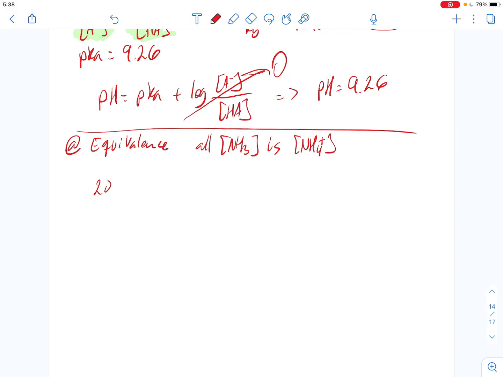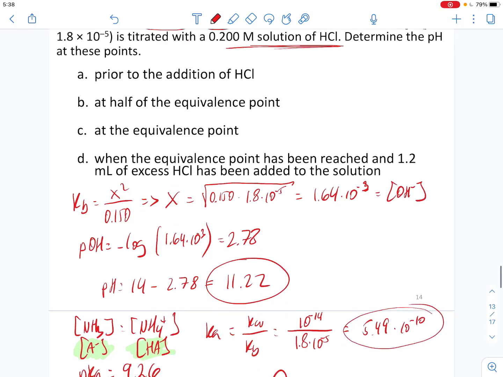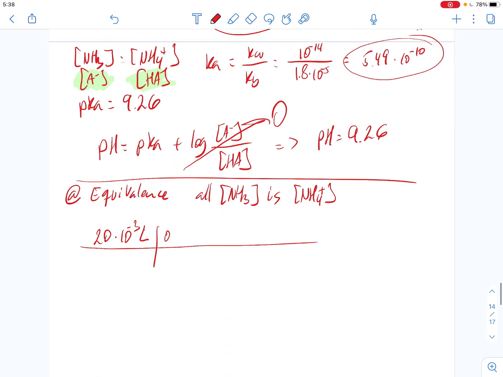So you had 20 × 10^-3 liters, and the concentration is 0.50 moles of A minus per liter.